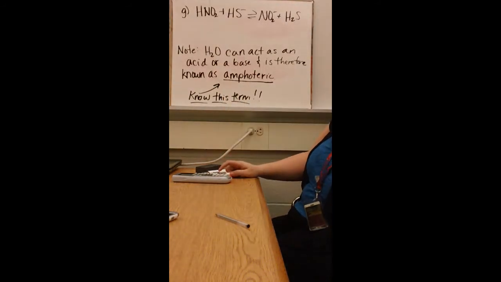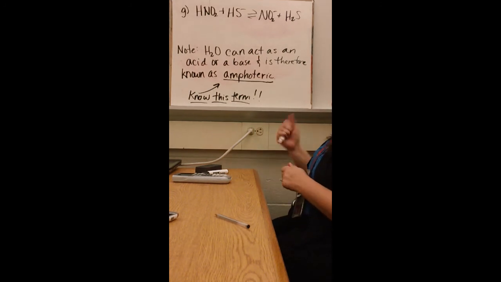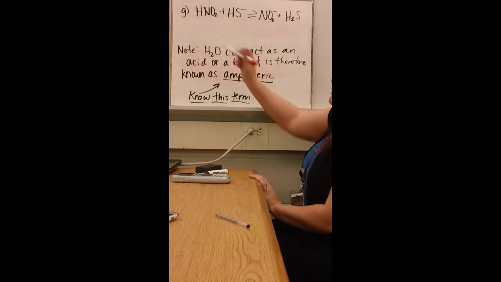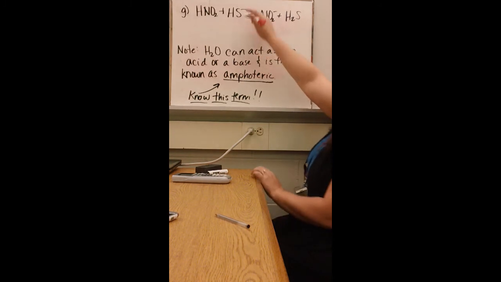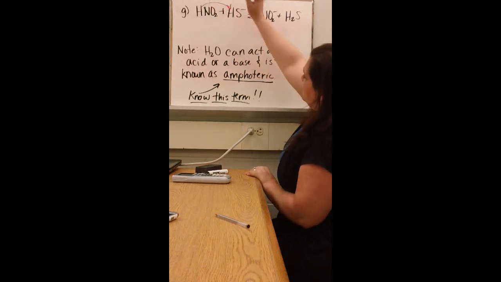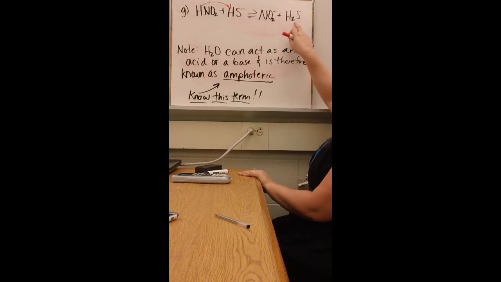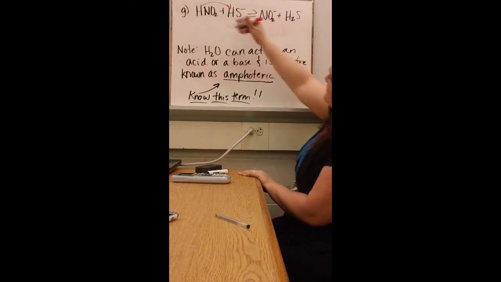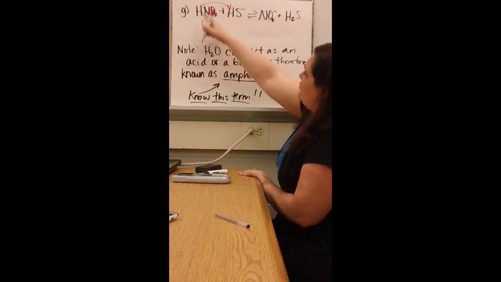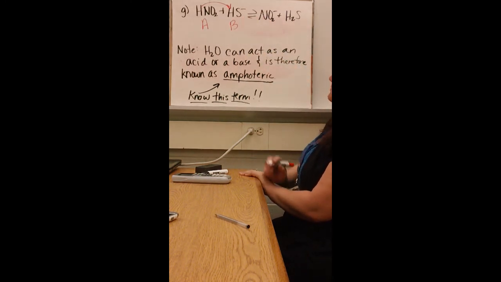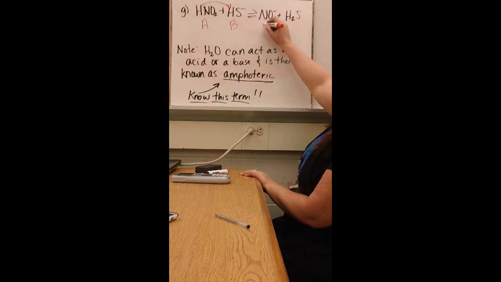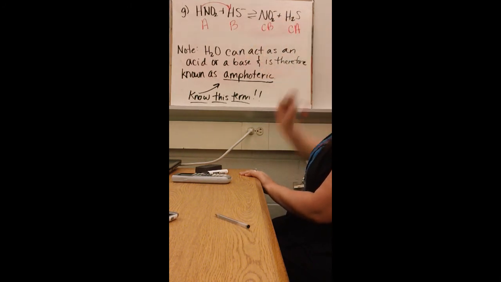The last problem, HNO2 and HS-. So here we have an H. We find NO2- is without an H. So this H had to go over here to HS- and make H2S. So that makes this one the acid. It gave away its hydrogen. This is the base because it accepted a hydrogen. The acid becomes a conjugate base. The base becomes a conjugate acid.